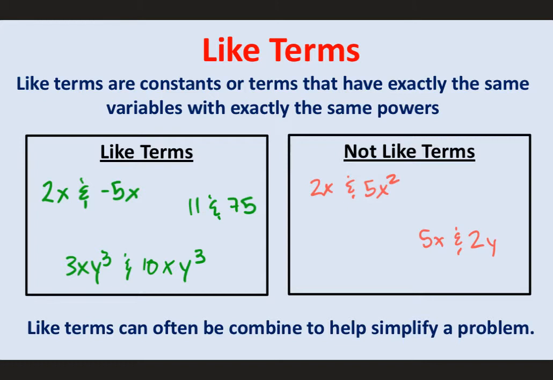Even though they both have variables, they are not variables to the same power. You also have to be careful when variables have a combination of powers, something like 3xy squared and, let's say, 5x squared y. They're very similar, but not quite exactly the same, and so we can't really do anything to combine them together.